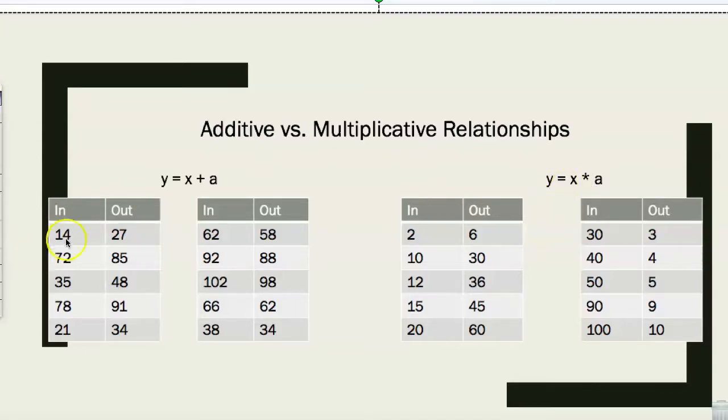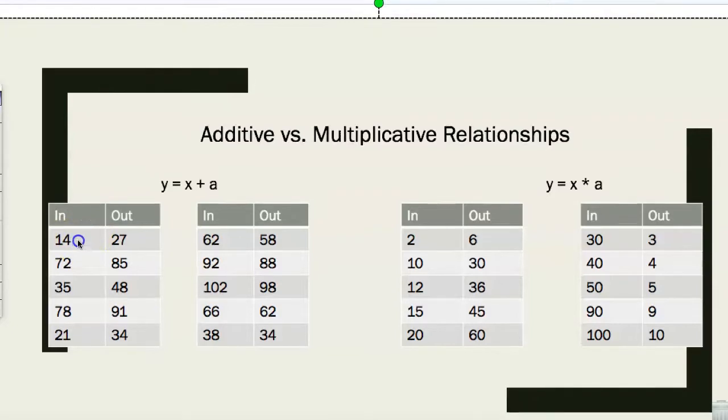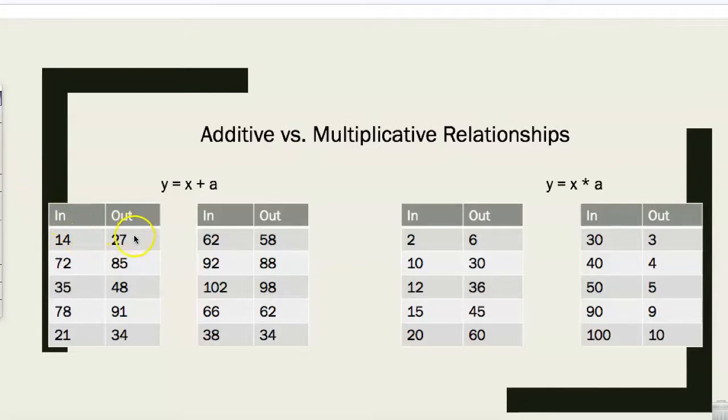Okay, so what's going on between this 14 to 27? The whole point is to try and find patterns. So 14, is it 14 times something equals 27? Meaning I put a 14 for my x, I times it times my constant, and I get out a 27.